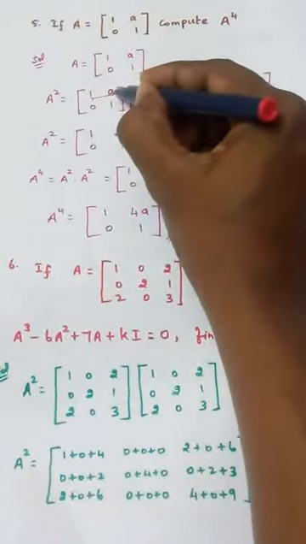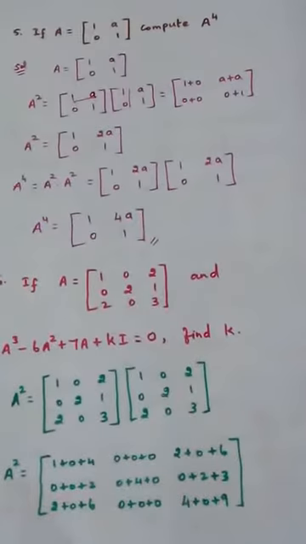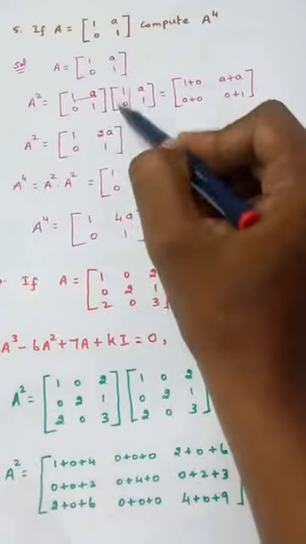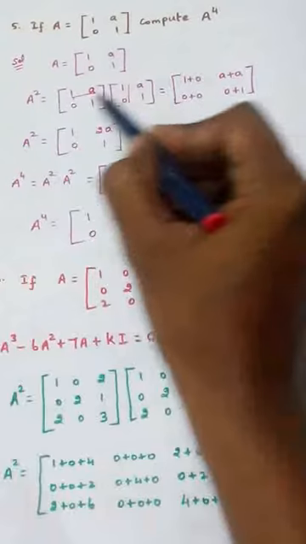Children, this is A, not 0. Again I repeat. First row, first column: 1 into 1 plus A into 0, so 1 plus 0.